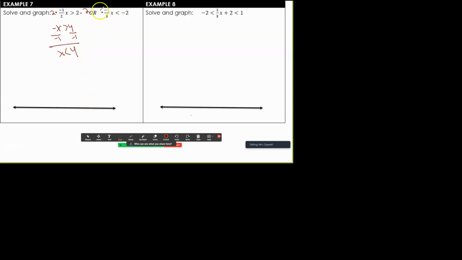Here I want to get rid of the denominator of a 3, so I'm going to multiply everything by a 3. And I made a mistake here. This should be a -4. So x is less than -4, or x is greater than +6.